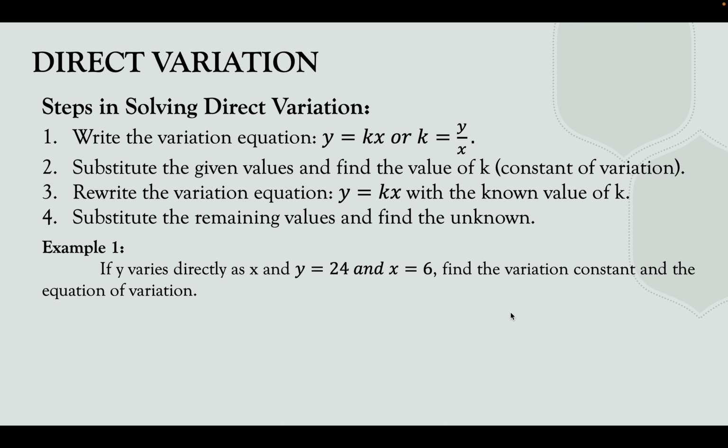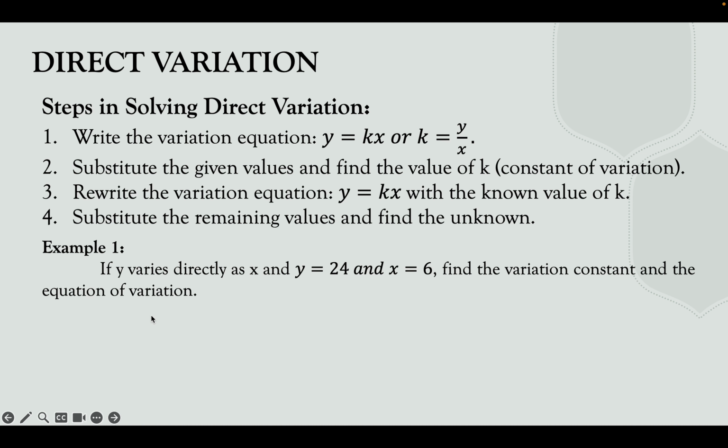Let's have example number 1. If y varies directly as x and y is equal to 24 and x is equal to 6, find the variation constant and the equation of variation. Now, in writing the equation, you will use the statement here, if y varies directly as x.